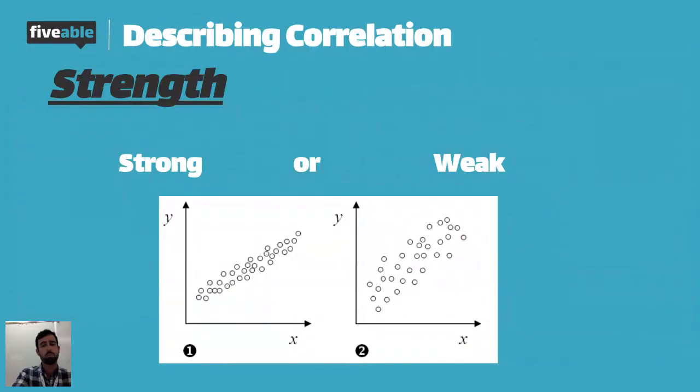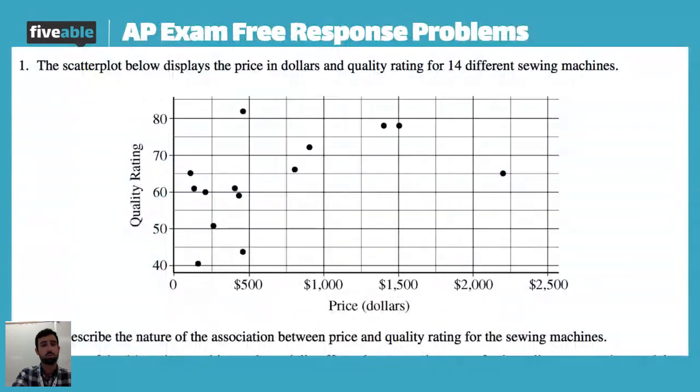Okay, so that's how you describe your scatter plots. Now I'm going to show you a couple of AP questions from previous years. This was from 2014. It has a scatter plot about the price of sewing machines, and we want to describe the nature of the association between price and quality. This is essentially asking you to describe the correlation between the two variables.